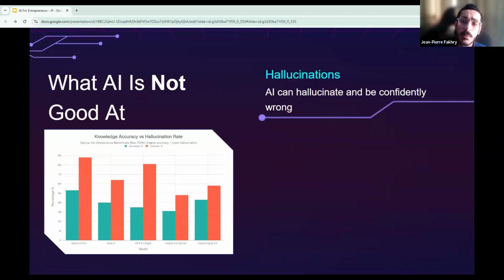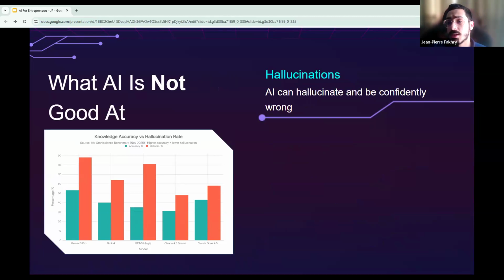Now, let's talk a bit about what AI is not good at. First of all, basically is hallucination. I'm sure you've heard of it. And here, basically, guys, AI models can produce answers that sound completely confident and completely correct, while being basically completely wrong. All right.